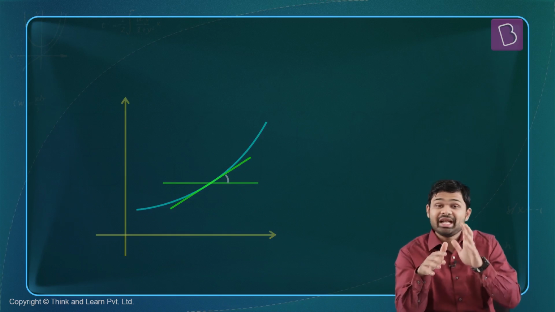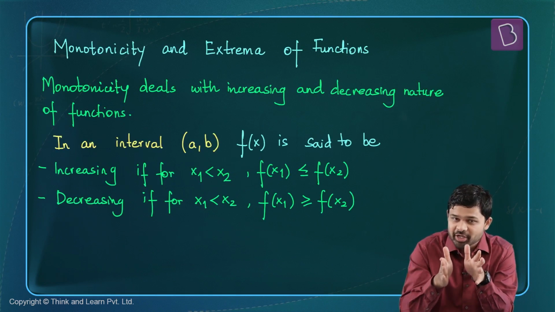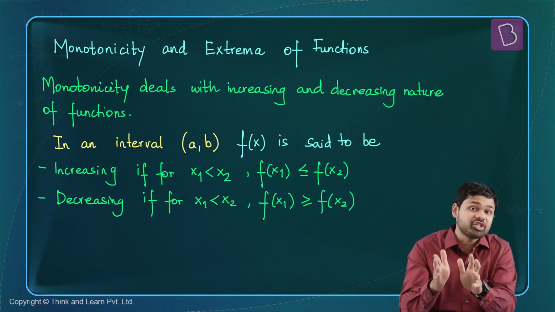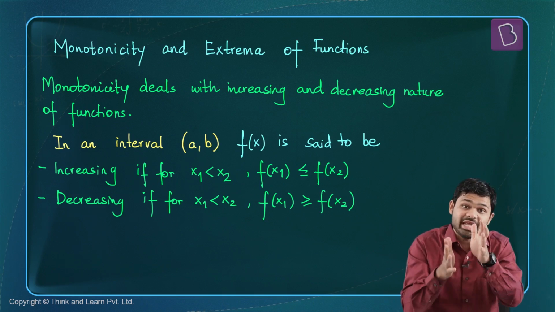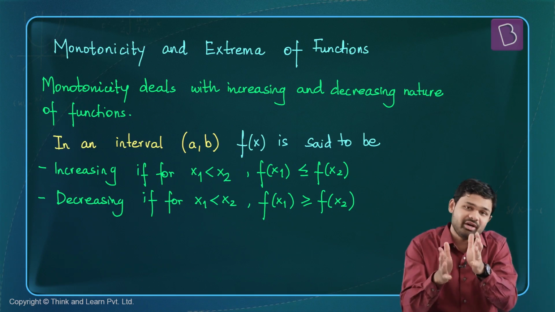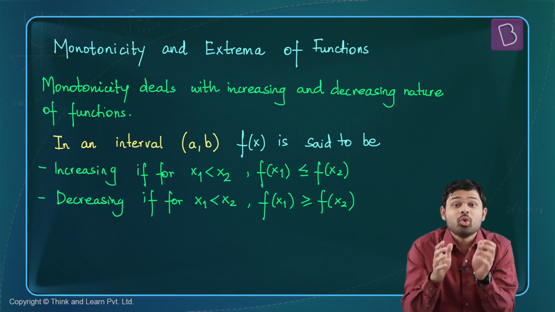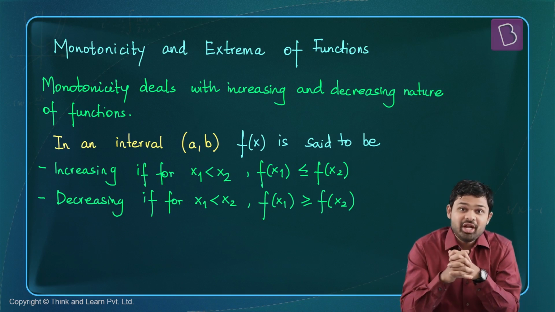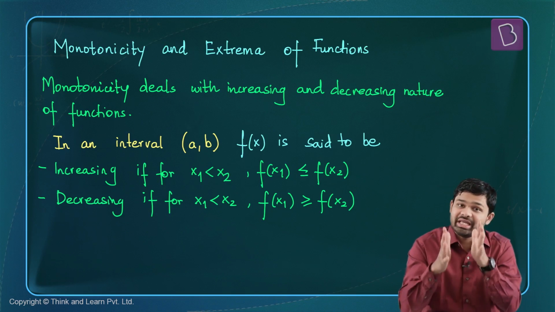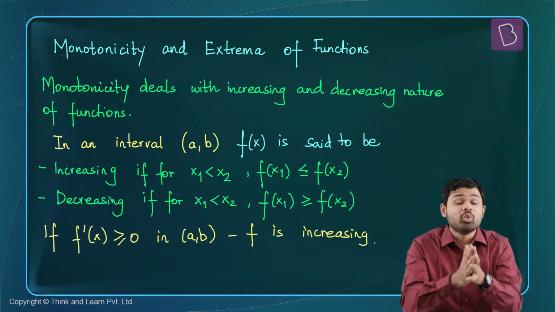Or in other words, if you differentiate this function, in the region where a function is increasing, the derivative of that function at any point in the domain where the function is increasing will be positive.